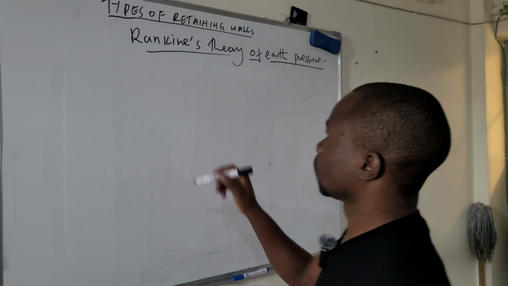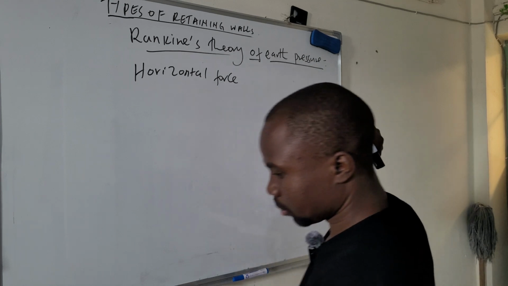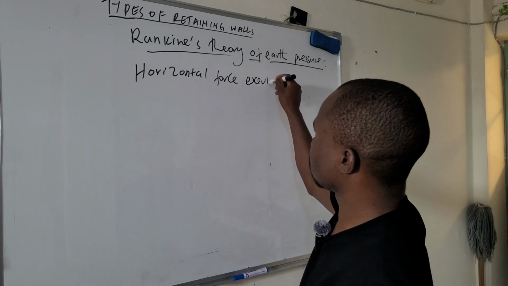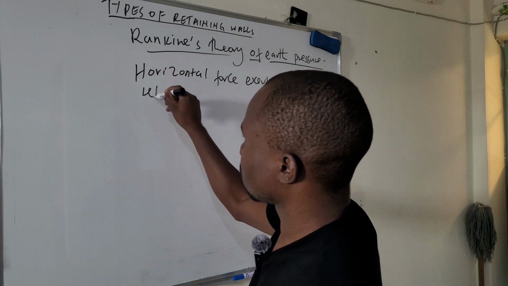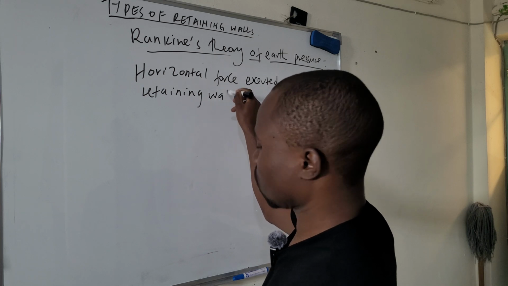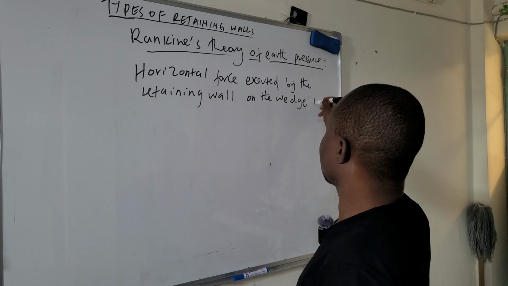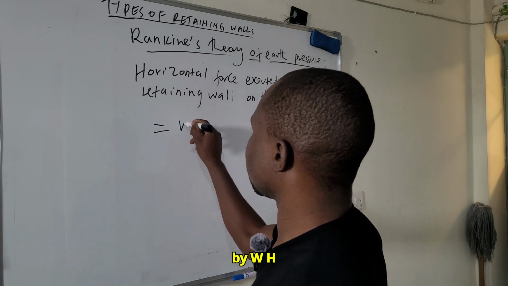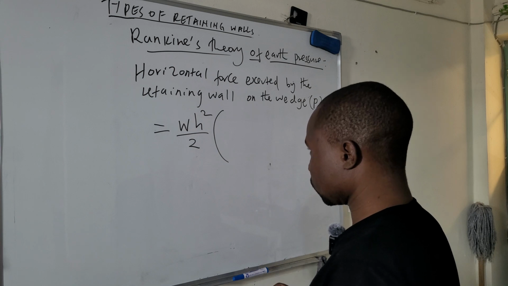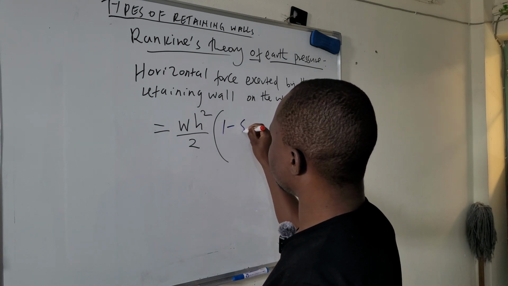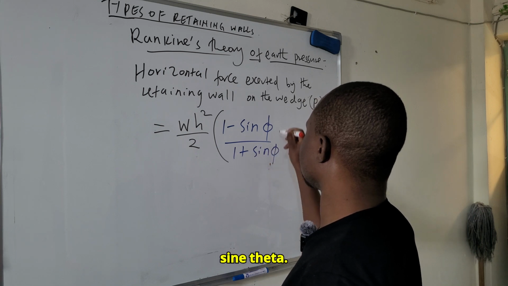So the horizontal force exerted on the wedge, which is P, is given by W H square over 2 into bracket 1 minus sine theta over 1 plus sine theta.